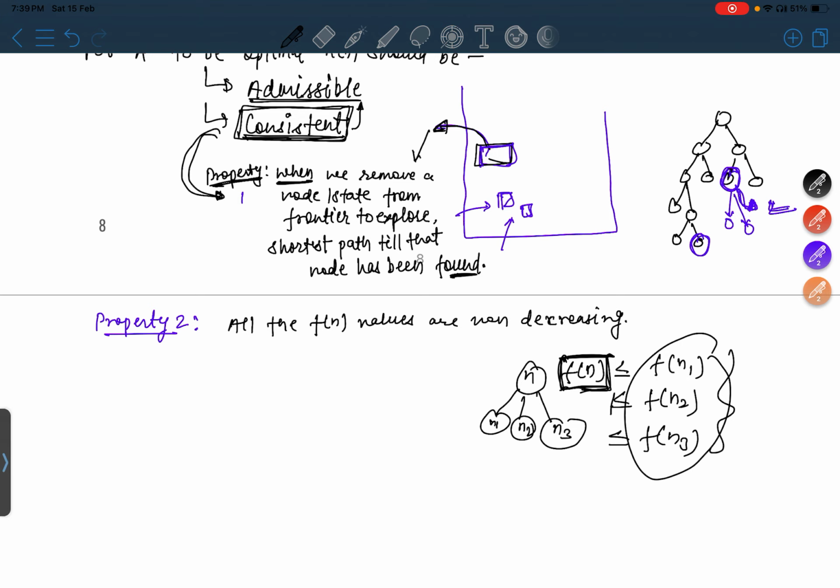तो जो भी सबसे पहले हमें नोड मिला, which will have the lowest value of f of n, उसके बाद जो भी नोड्स हैं उनके लिए f of n की वैल्यू हमेशा ज्यादा ही होगी। तो अगर ये गोल नोड पहले निकल रहा है, दैट मीन्स कि इस नोड के लिए f of n की वैल्यू is less compared to this value, right?